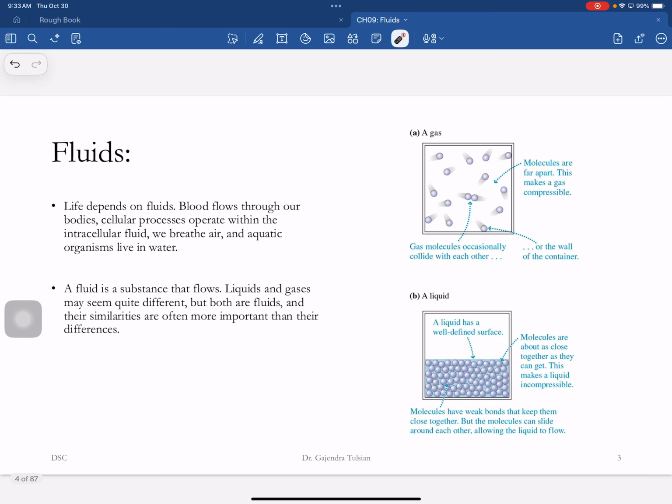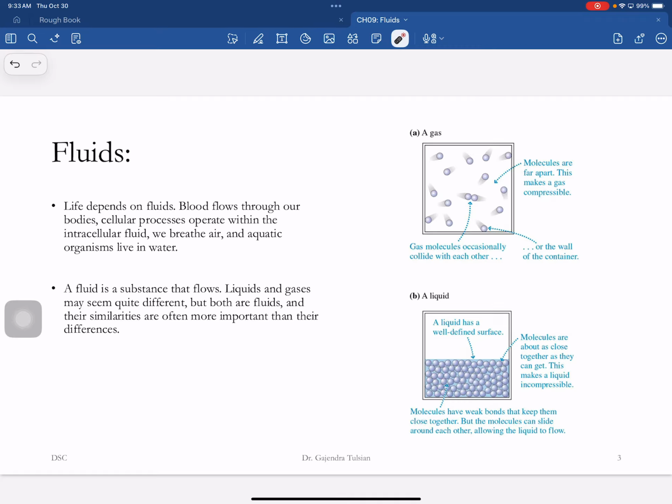What is the difference? Gas molecules have lots of space between them. If that is the size of the gas molecule, the average space between gas molecules is about 10 times their size. If a gas molecule is the size of your fist, the distance between them is your arm's length.